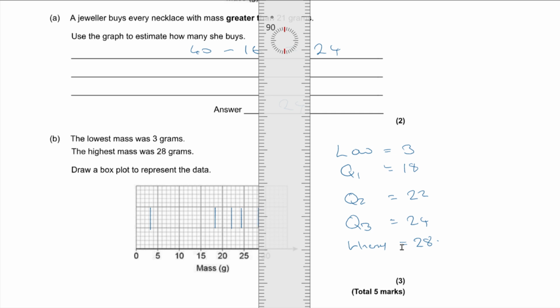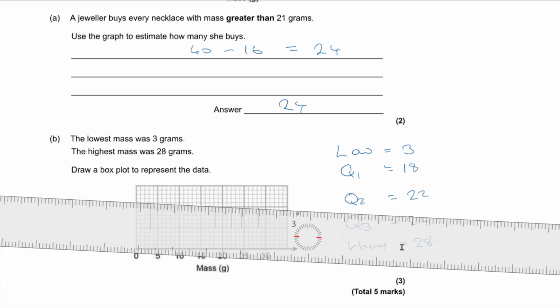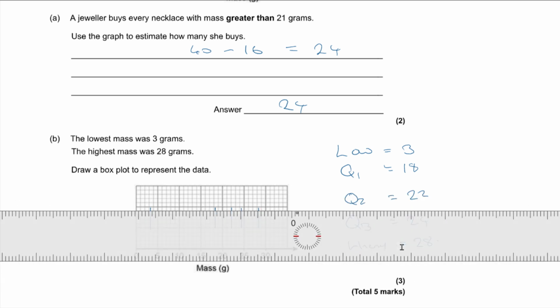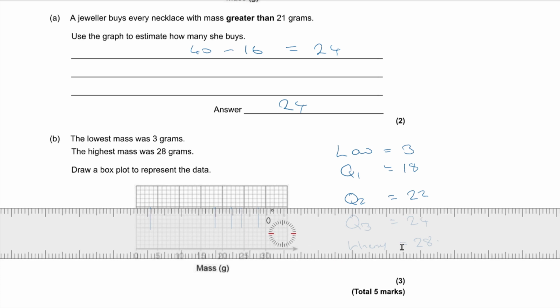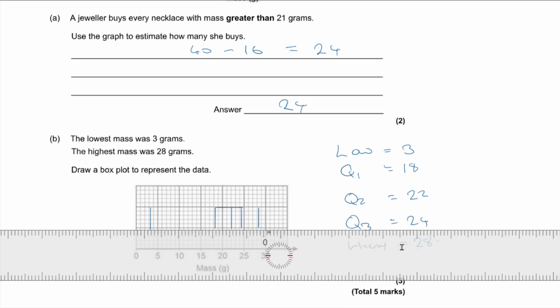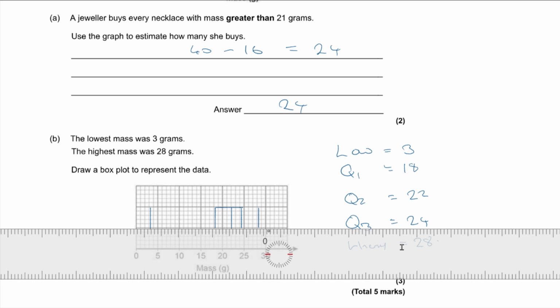Right, so then once I've drawn those 5 lines, I'm going to just do some extra lines in here. Now you're going to have a box around Q1 up to Q3, where the word box plot comes from. So that's the box from the box plot. Now these diagrams, the proper name for them is box and whisker diagrams.